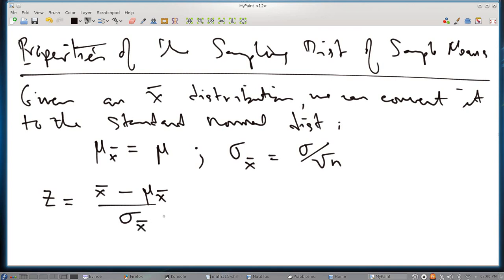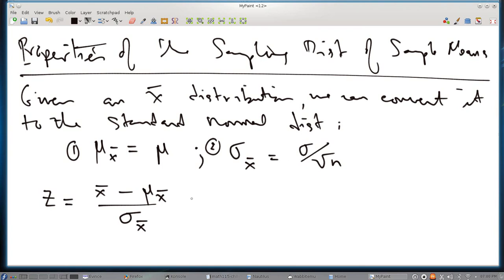Okay. Now, if you look at these two equations right here, the ones I gave you previously, mu of x bar can actually be the population mean, and the standard deviation of the sampling distribution can also be written as the true population standard deviation divided by square root of n.